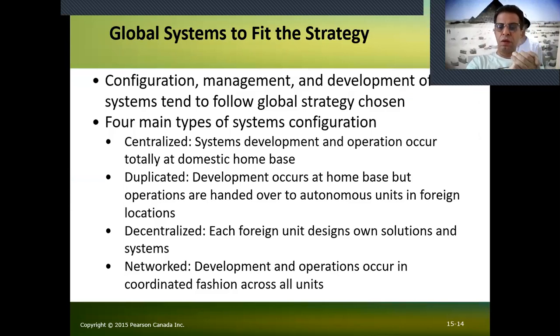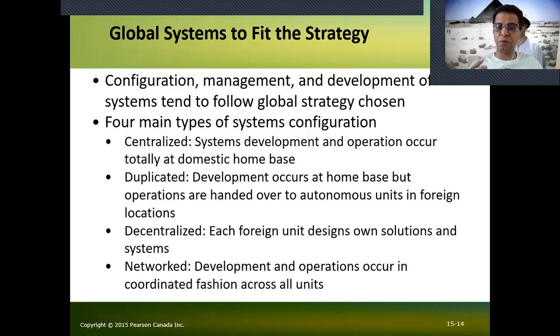So global systems to fit the strategy: configuration, management, and the development of systems tend to follow the global strategy chosen. So if you have a centralized or multinational strategy, your system should follow that.